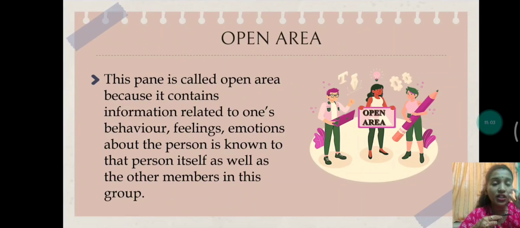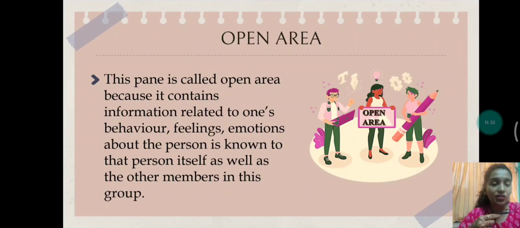For career development, you should first develop yourself, you should gain more confidence. When you want to improve your open area, you should try to reveal yourself more, not just be a blabbermouth, not talking illogical things or things irrelevant to the situation. First you should develop your self-confidence.